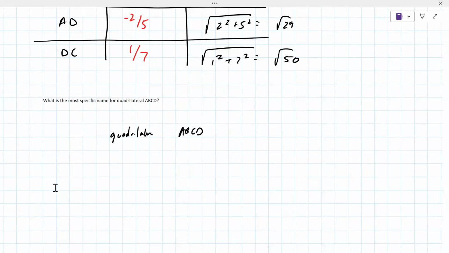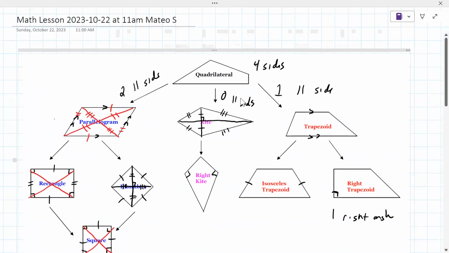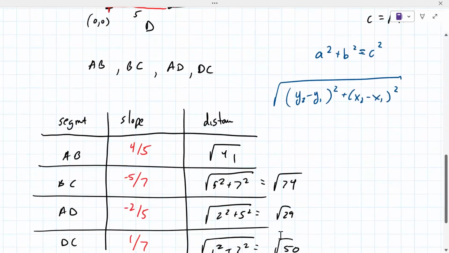There is nothing more that we can say about it, because there are no parallel sides, which means it's either a kite or a right kite. And it's not a kite because none of these are the same.